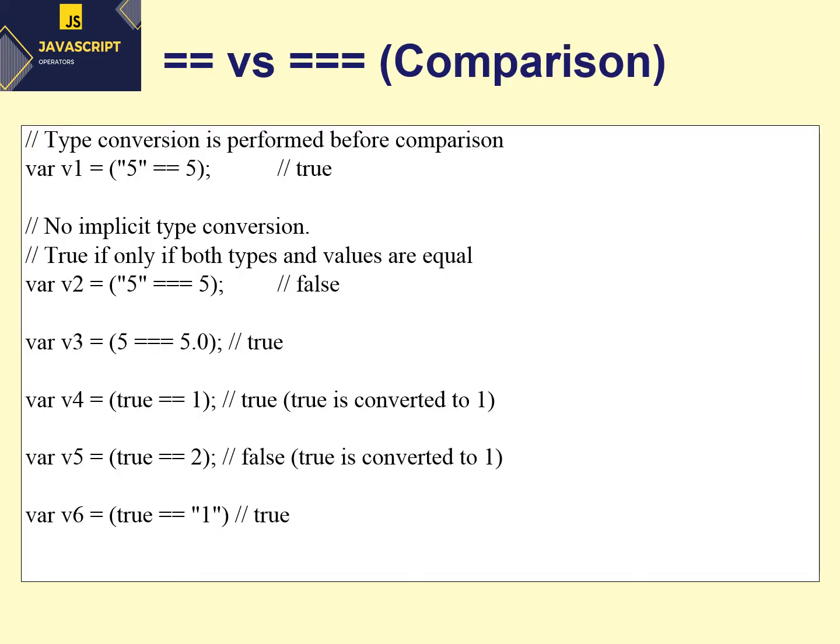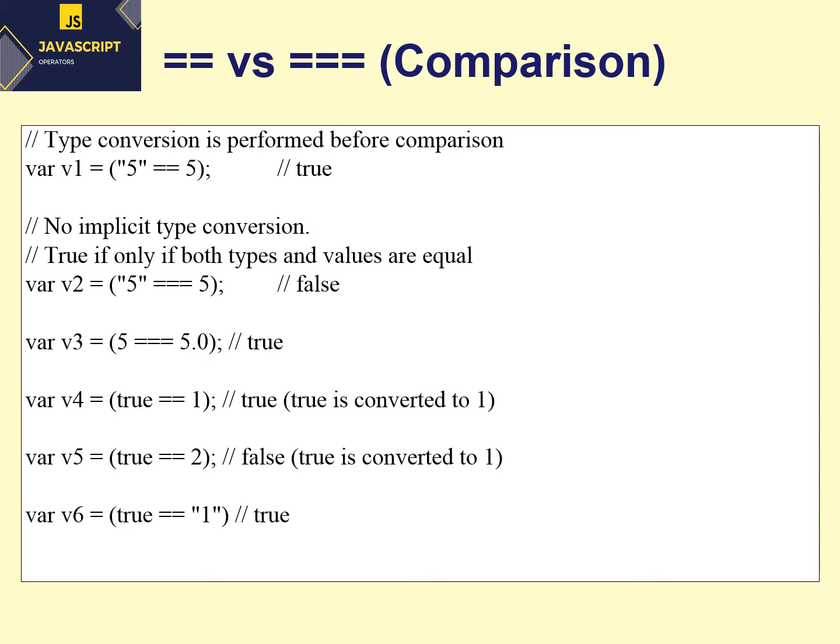See here we are having an example with respect to double equal to comparison and triple equal to comparison. Now we are having a look at the first expression. Variable v1 is equal to 5 in double quotes, double equal to 5. Equal to comparison operator is present here. Here what we have to check?